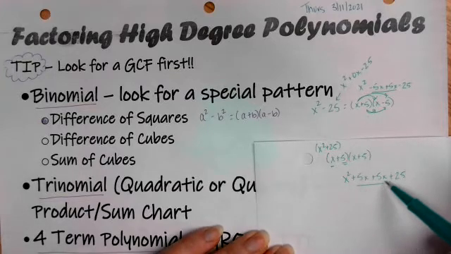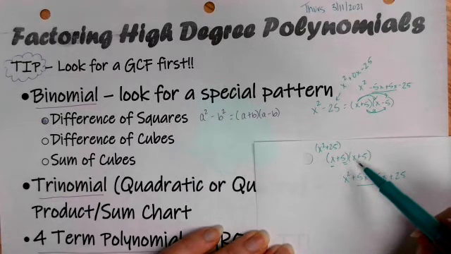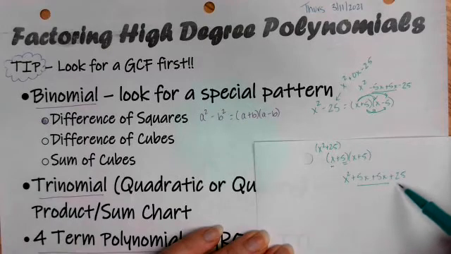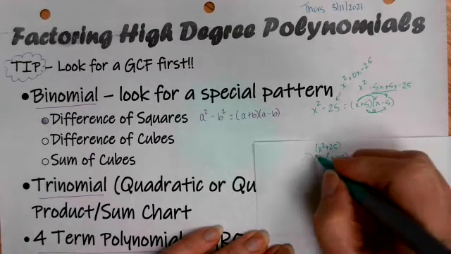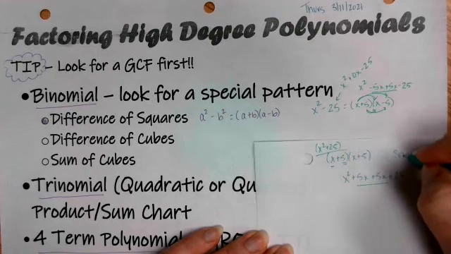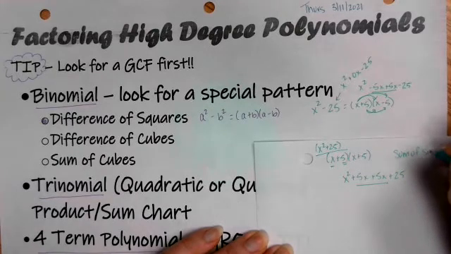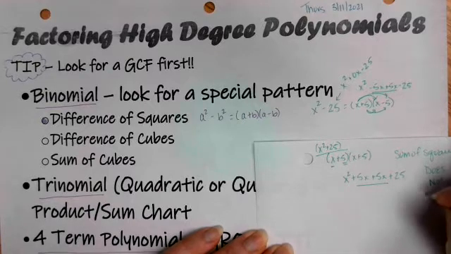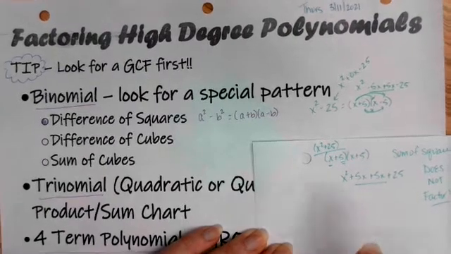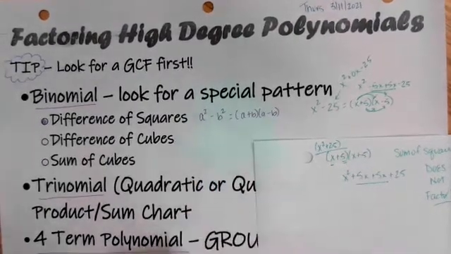So in order to cancel out that middle term, I have to have a positive and a negative 5, but then I can't get a positive 25. So this, the sum of squares, does not factor. So you have to subtract the perfect squares.